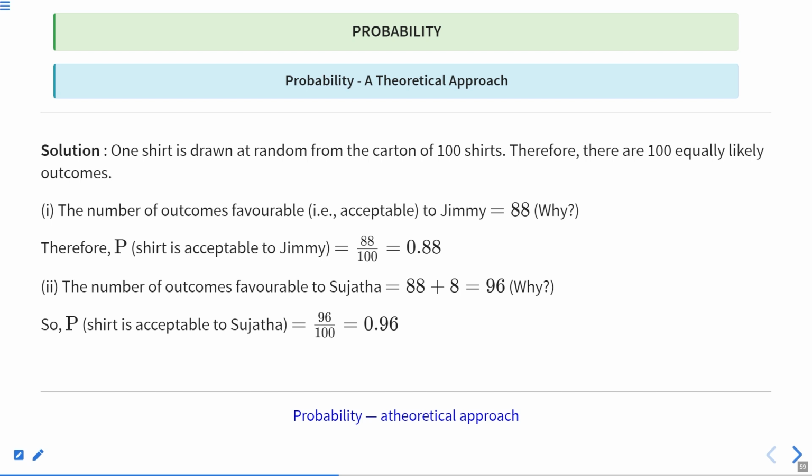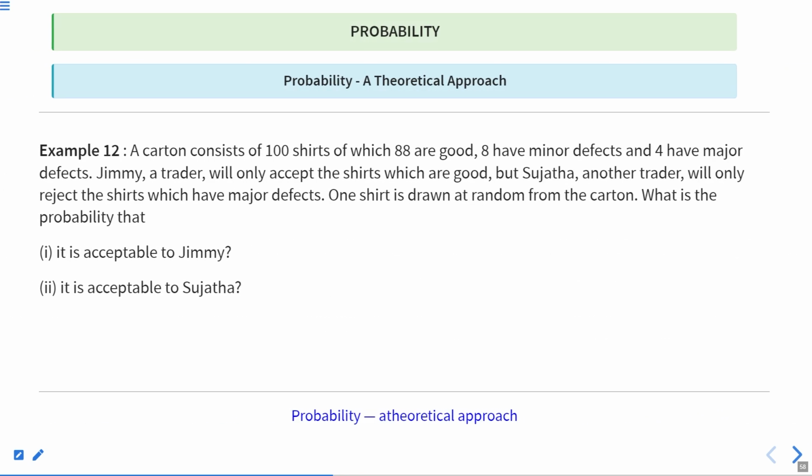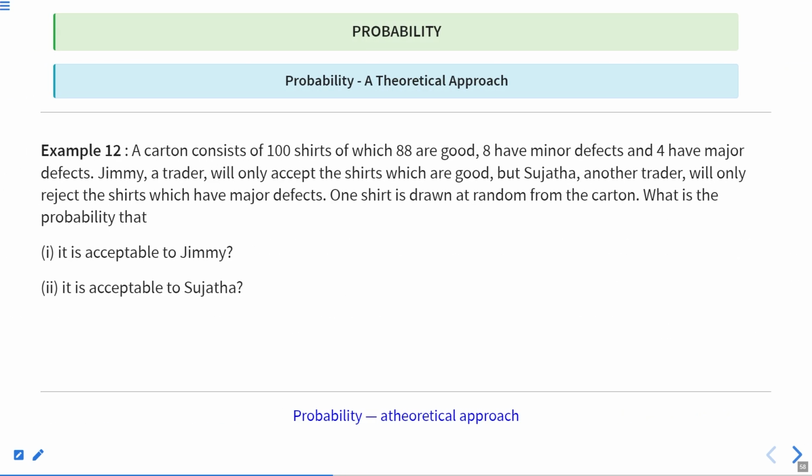Okay, and second, what is the probability of it being acceptable to Sujatha? The number of outcomes favorable to Sujatha is 88 plus 8. Why? Because Sujatha rejects only the shirts which have major defects, and here we have four shirts that have major defects.